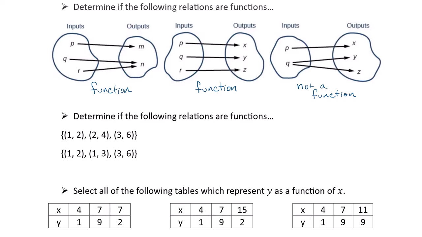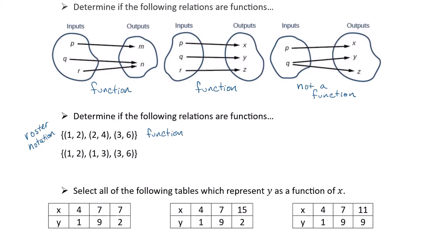Okay, here we have roster notation of some relations. Here I see that 1 is going to 2. 2 as an input is going to an output of 4. 3 as an input is going to an output of 6. And that means this is a function.